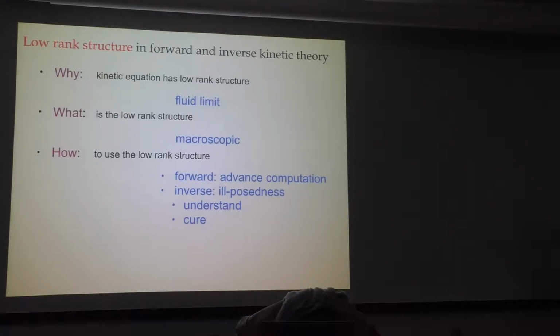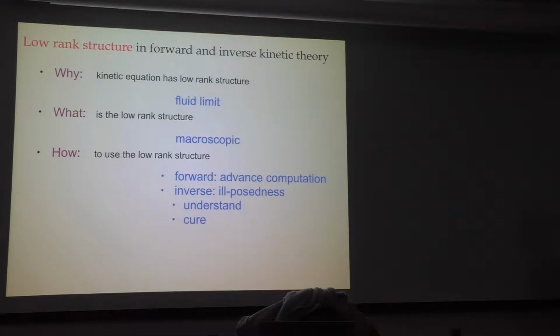In a nutshell, I would like to argue the kinetic equation has low rank structure because you can find its so-called fluid limit. And the fluid limit can be characterized by the so-called macroscopic quantities. Macroscopic quantities usually capture the key features of your system, neglecting all the remaining noise.